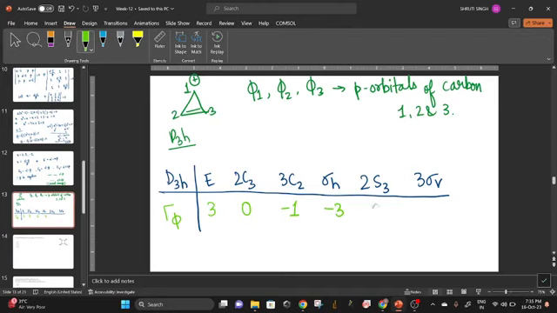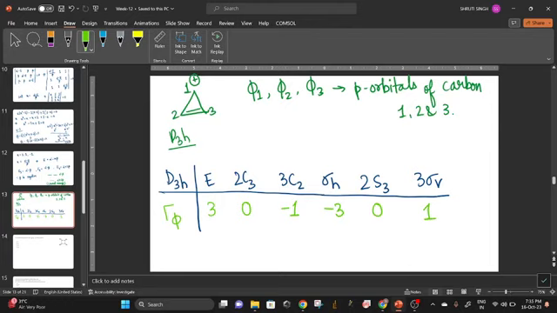Now S3 will be 0 and sigma v will be 1, because the atom through which the plane is passing will undergo no change, but the other two atoms will change their places, so they will swap. But here the sign will be positive only because it is a plane, not a rotation.